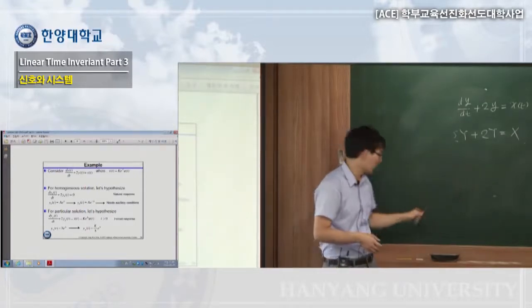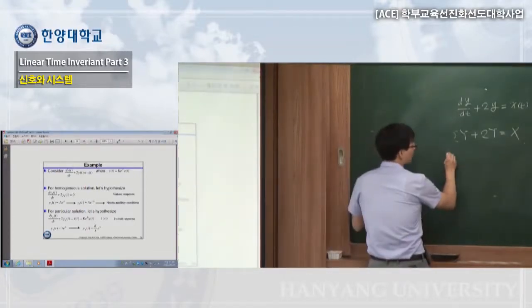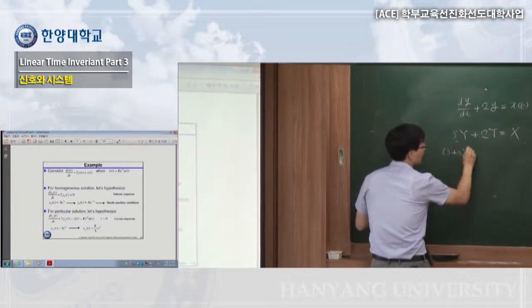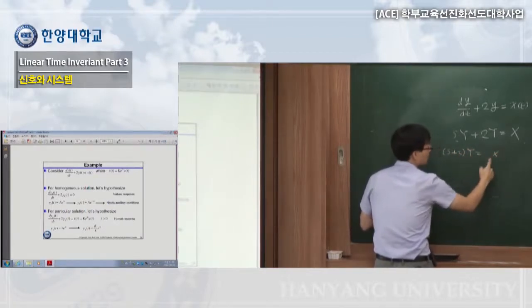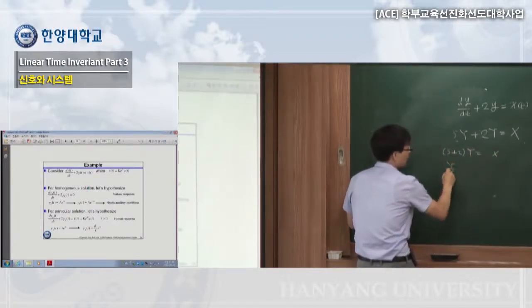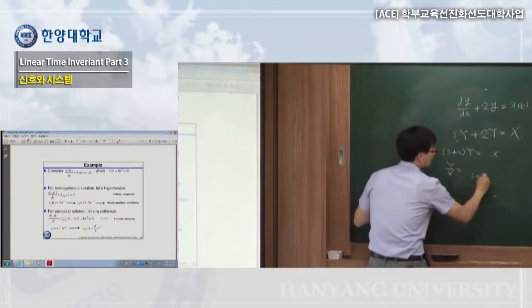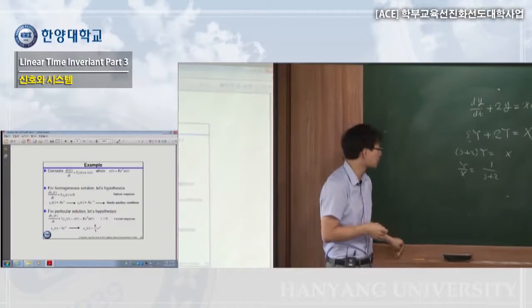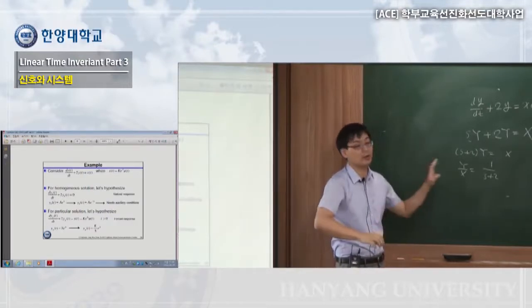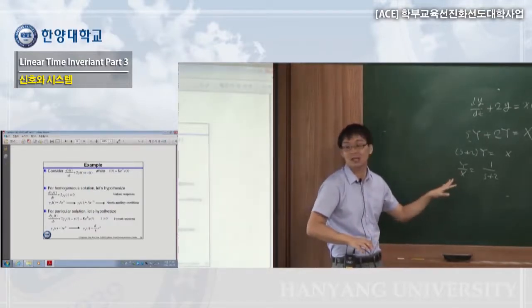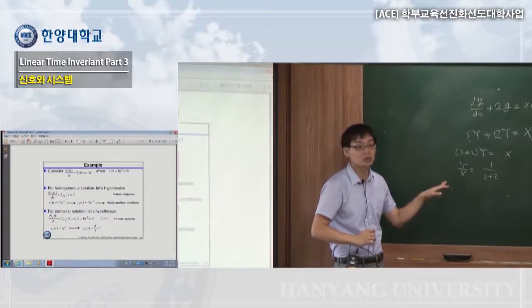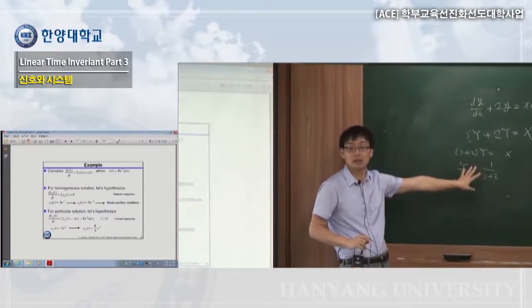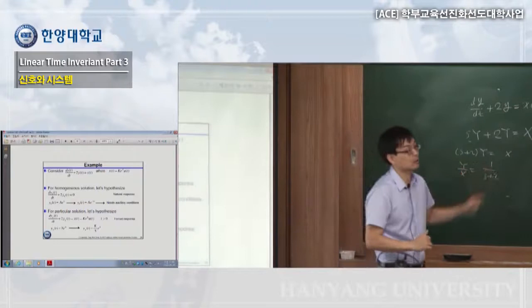You put s plus 2 in the beginning, Y over X, and this is our system response. We already know how to do it, right? And the question now is, what is Y instead of H? This is H, right? What is Y? That's the question.